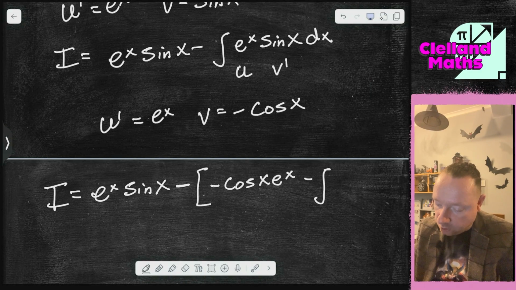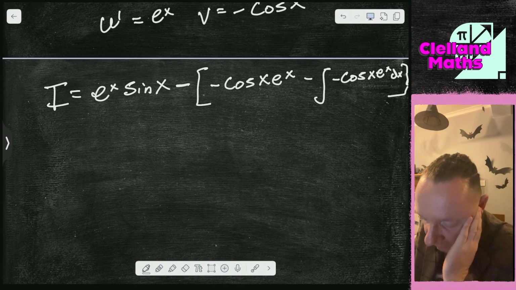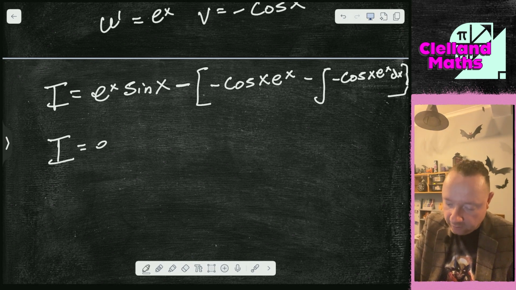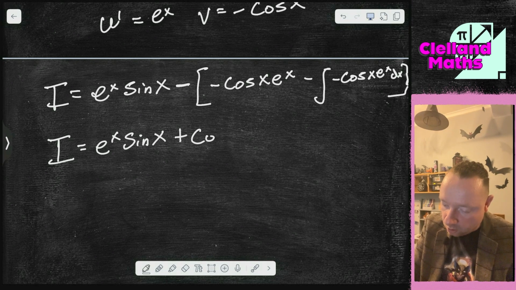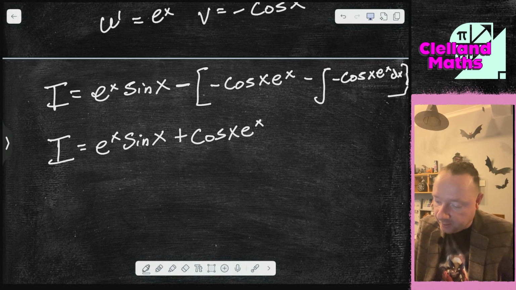So v times u dash is minus cos x e to the x dx. So that means we've got I equals e to the x sine x. Minus minus makes plus cos x e to the x. Minus minus makes plus, but then another minus. This whole thing here is just I. Minus minus is plus, and that's I.